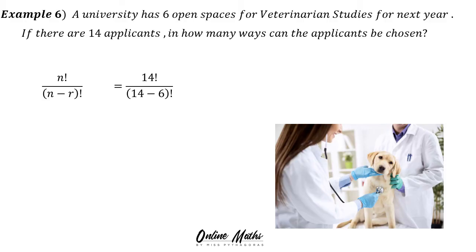N is the big number, 14 factorial divided by 14 minus 6, the open spaces, equals 14 factorial divided by 8 factorial, and the answer: 2,162,160 ways.